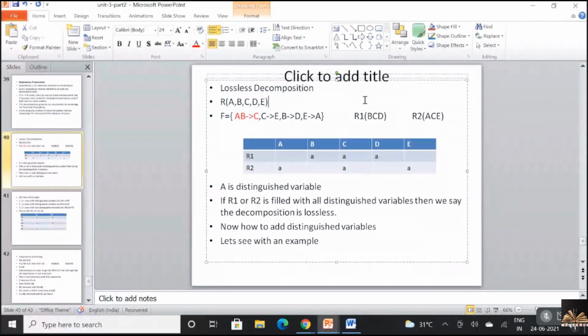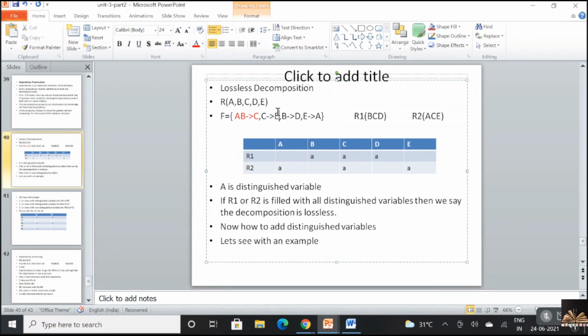What is the LHS with respect to the first FD? LHS is AB. Now I have to see whether I have at least 2 rows with the LHS of the FD. Under AB, do I have 2 A's in row 1, 2 A's in row 2? No. So I have to skip this. This is not satisfying the first rule.